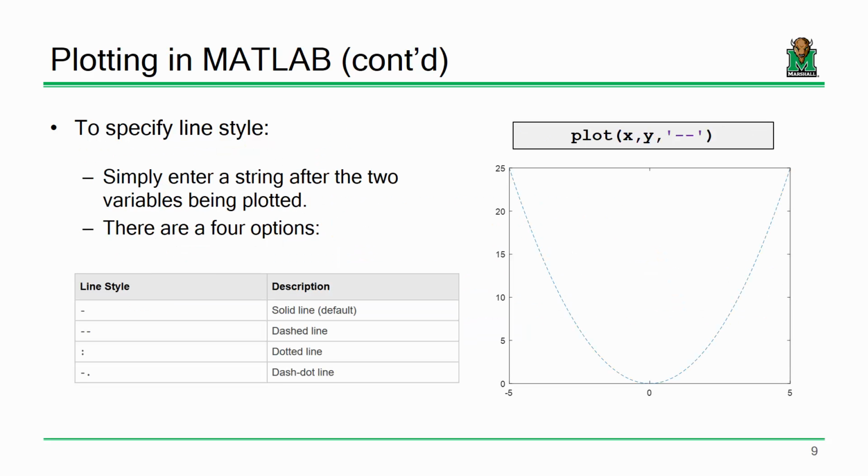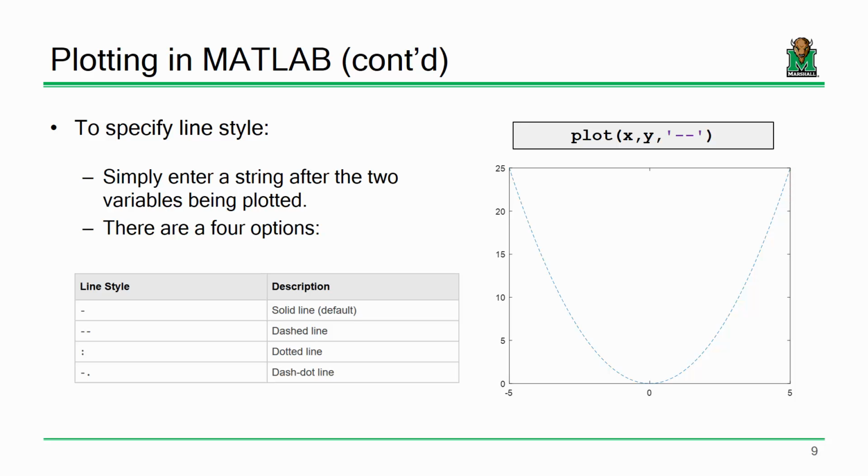All right, so to do a line specifier, you would say plot x comma y and then comma some identifier. Okay, so first off, for line style, there's 4 of them. You can have a solid line, a dashed line, a dotted line, or a dash dot line.